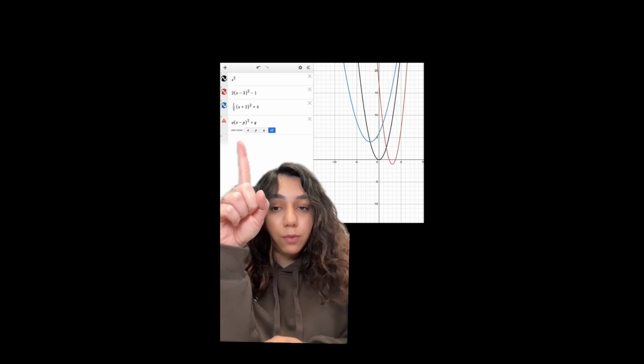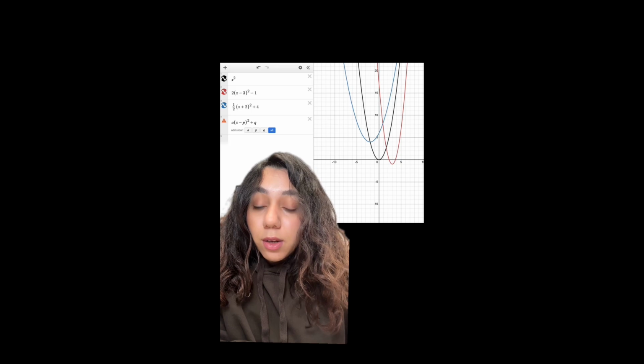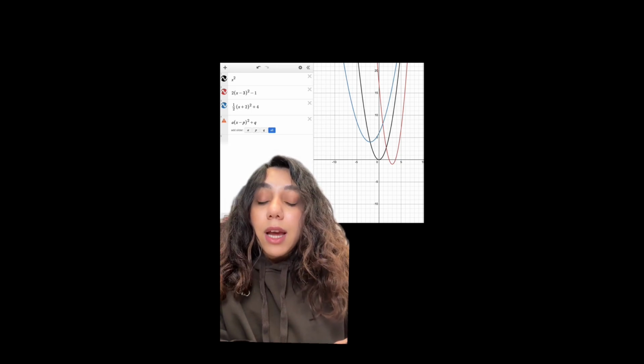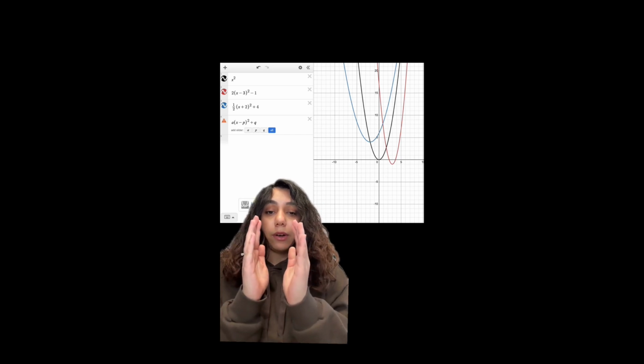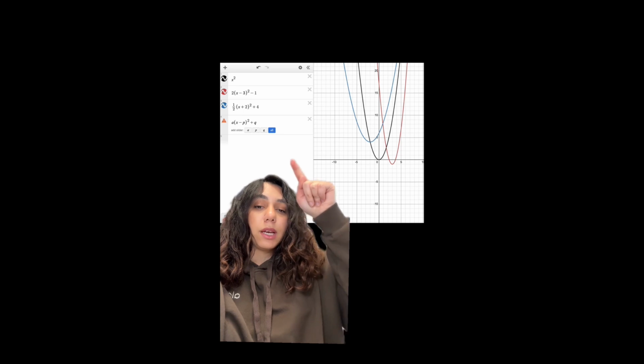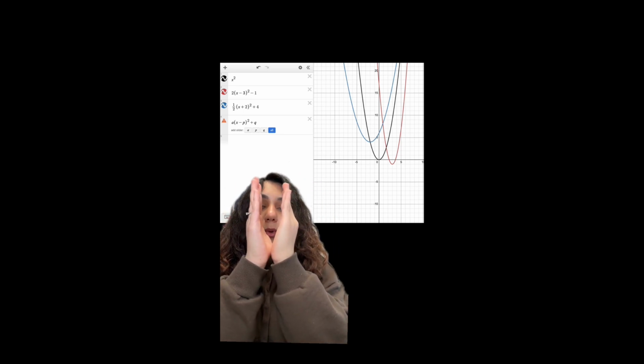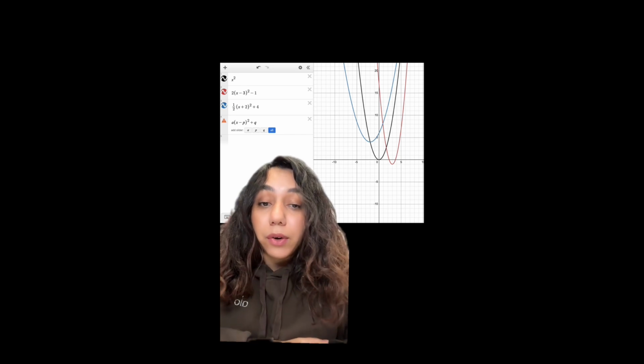For the red one, since our a is greater than 1, what's happening to our graph? Our graph is going to be narrower. You can see the difference between the arms of the black one and the arms of the red one. The black one has something like this, but the red one gets narrower.